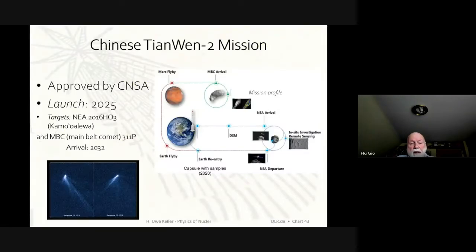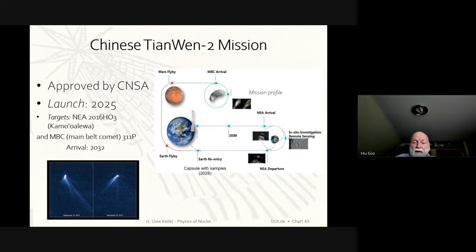Now, let me end this talk by giving you a very brief outlook on what's going on right now in cometary missions. And here I have to mention the Chinese Tianwen-2 mission, which has been approved and is supposed to launch in 2025, going to a near-Earth asteroid, sampling it, bringing the sample back to Earth, and flying on to Mars and a flyby to reach main belt comet 311P.